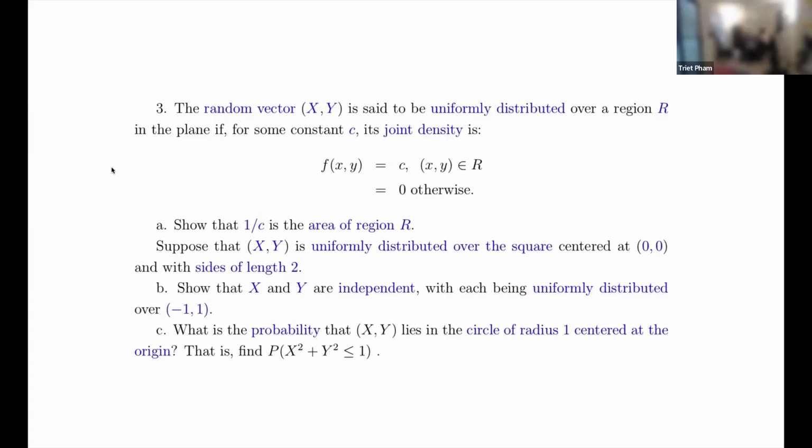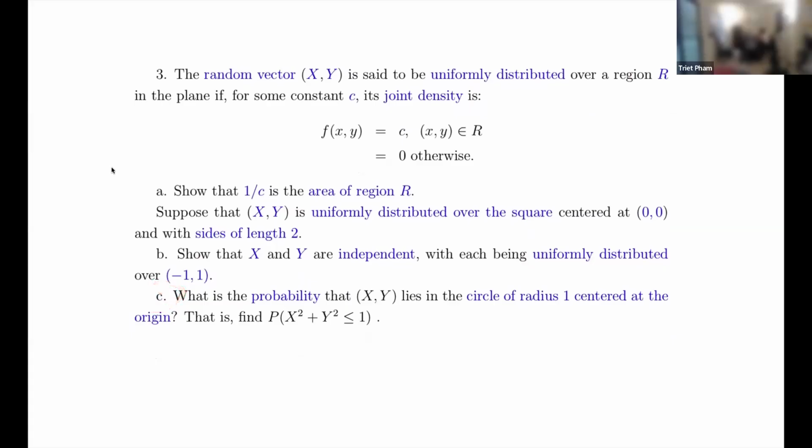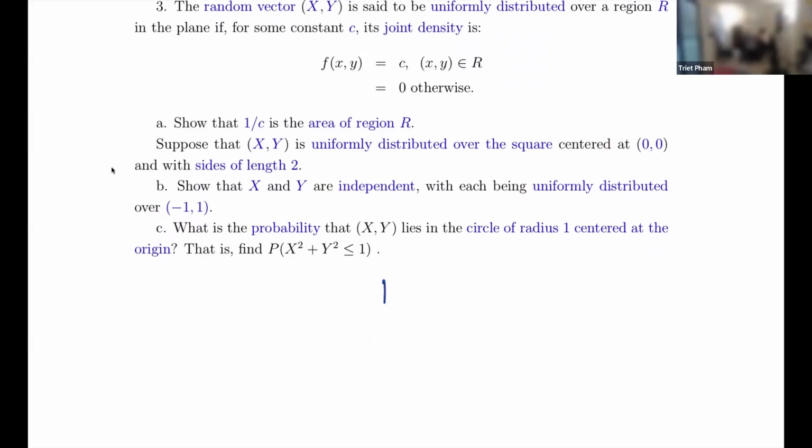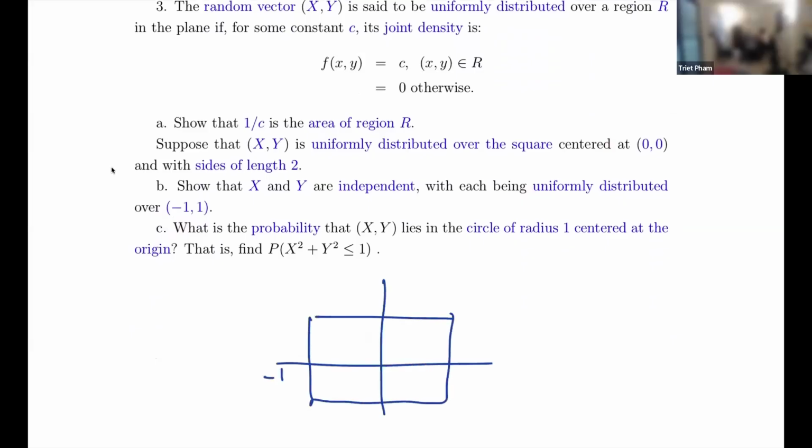The last one is also pretty trivial, because basically it's this. The probability in this circle is pi over 4, right?